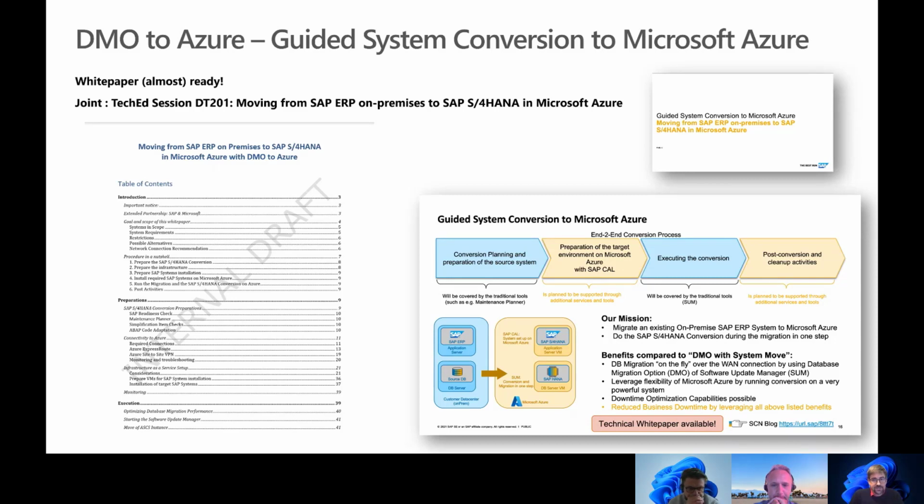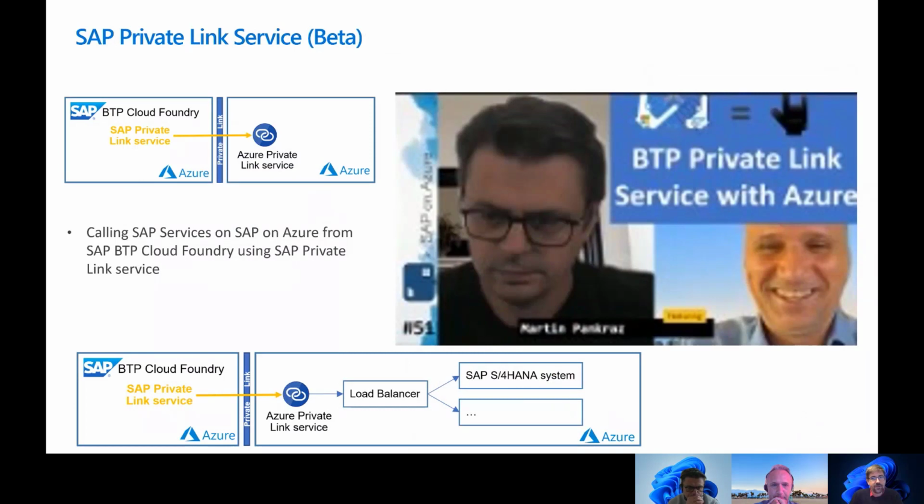Good, then with this, let's switch over to the next topic, private link. I know we have talked about this a few times already, and we also had an episode with Martin Pankratz. The resolution here is not very nice for this slide, but I'll add the link to the episode as well, where Martin really talked about how you can use the private link connectivity.